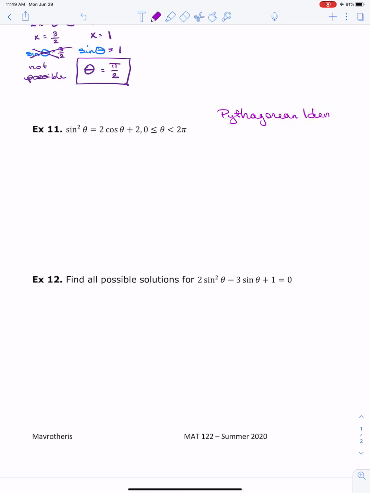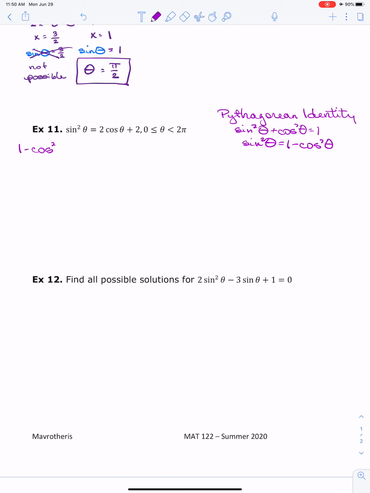I'm going to use the fact that sine squared theta plus cosine squared theta equals 1, which means I can solve for sine squared theta, and I can always replace that with 1 minus cosine squared theta. So that's what I'm going to do here.